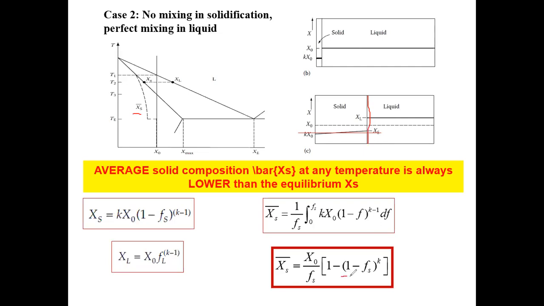Does this equation give us that? If fs goes to 0, what do we have for this term? If you do a Taylor expansion of this term at fs equals 0, what do you have?